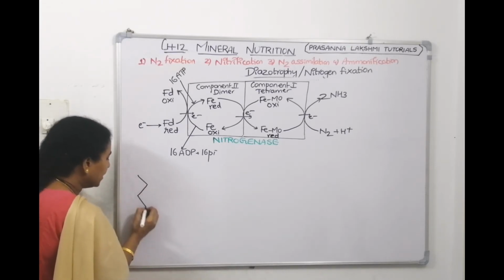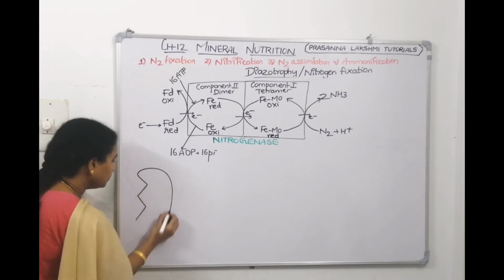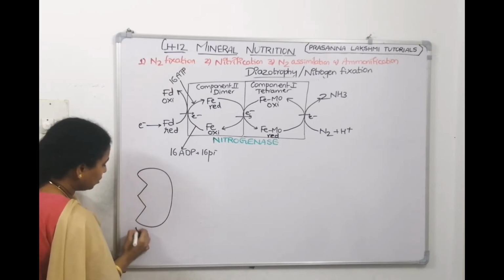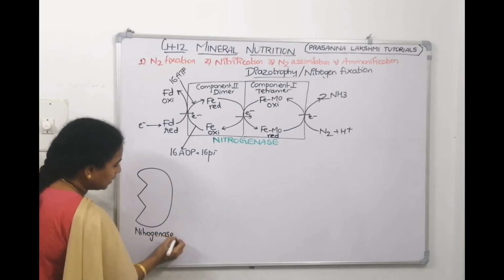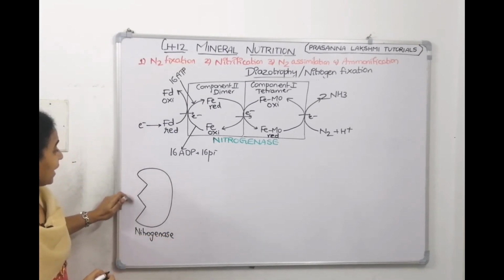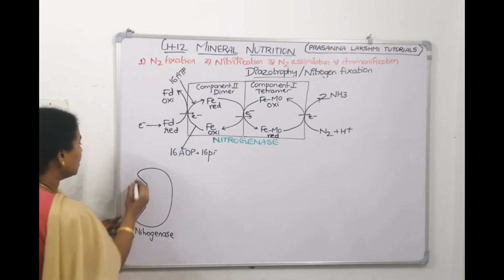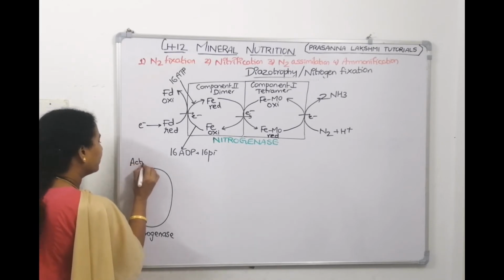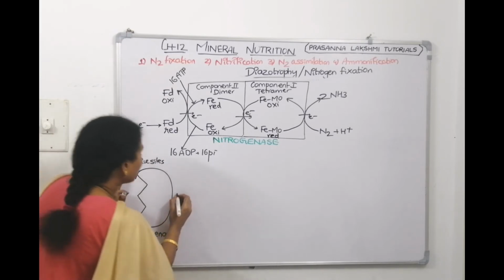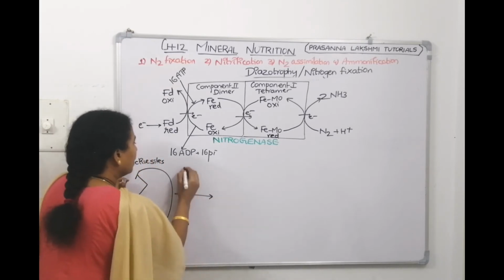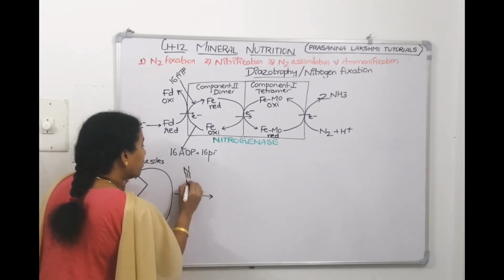In NCERT, they showed the nitrogenase enzyme like this. This is a nitrogenase enzyme and these are the active sites. Now, who will come to the enzyme? N2, right? Triple bond is there.